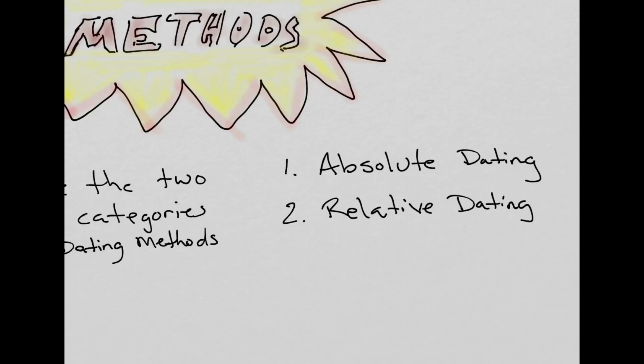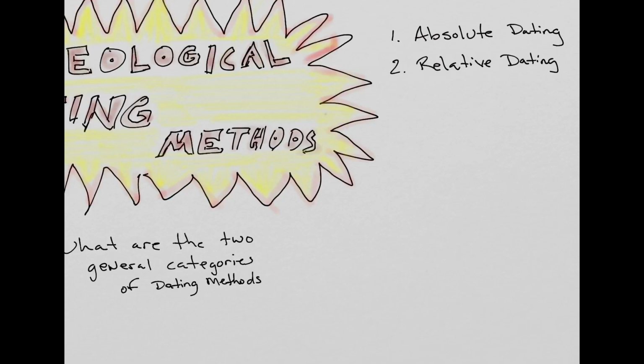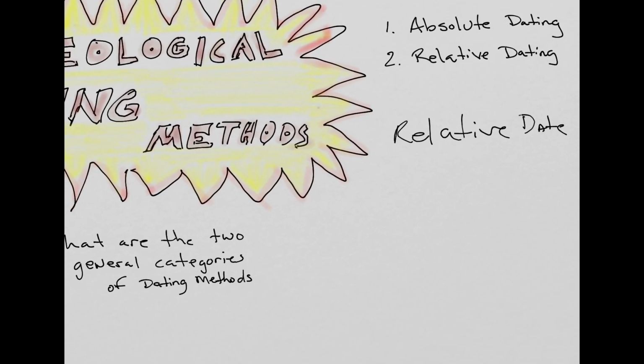Now in class, I elaborated mostly on number two here, relative dating. But just a brief summary. A relative date is a date expressed in relative terms.